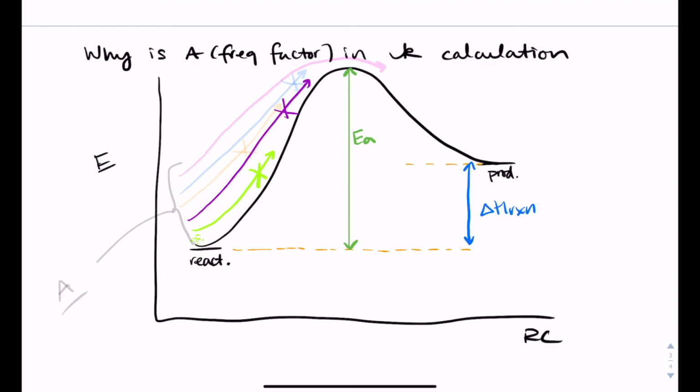And this keeps happening until you finally have enough energy and the correct orientation to get over that barrier. Now, the more times you try to go over the barrier unsuccessfully, the longer it will take for it to go. So this is why the frequency factor is built into that calculation.